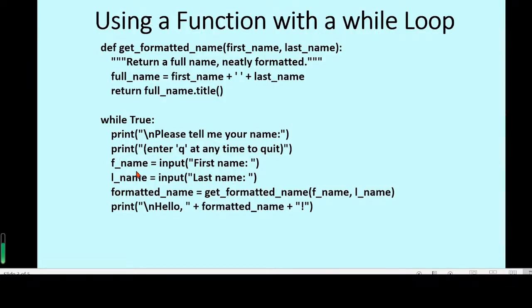Next, create 2 variables called fName, to get the first name, and lName, to get the last name the user inputs. Then format the name, calling this getFormatTheName function, and store the returned full name in formatted name. Then print a message including this formatted name.